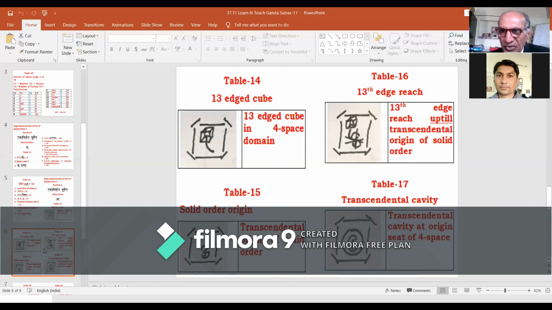So this cavity which is bridged because of the transcendental content will in itself lead us up till the center of the transcendental origin. So this transcendental cavity at the center of the fourth space domain deserves to be comprehended well.